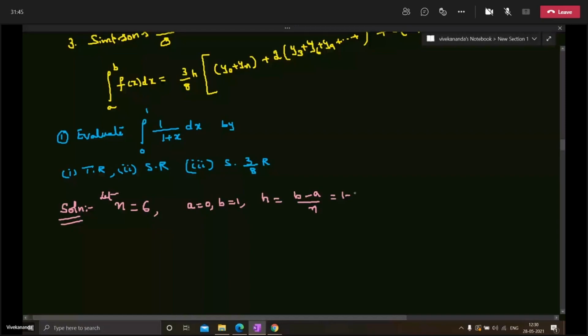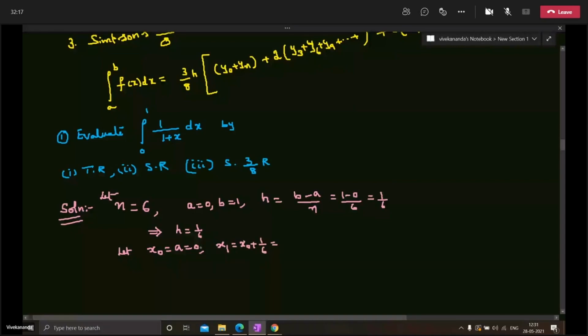That implies h equals 1 by 6. Now let us take x naught equals a, which equals 0. Then x1 equals x naught plus h, that is 1 by 6. x naught is 0, 0 plus 1 by 6 is 1 by 6.